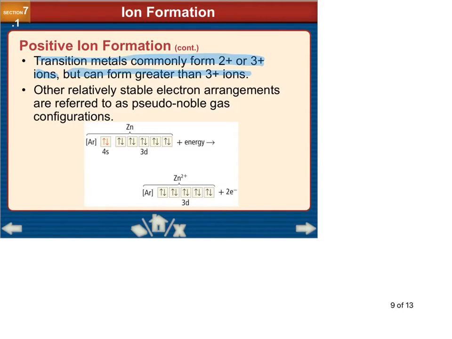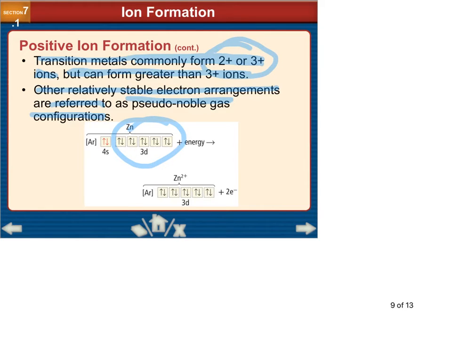So they can have many different ionization states, and they get some things we'll call pseudo-noble gas configurations. The transition metals get these multiple charges because of the d sublevel.